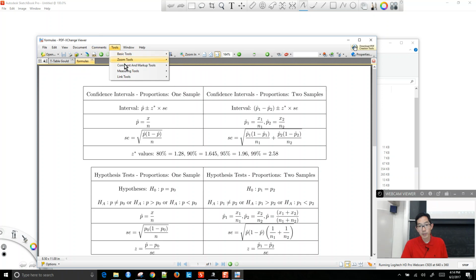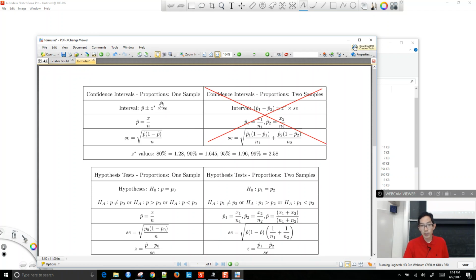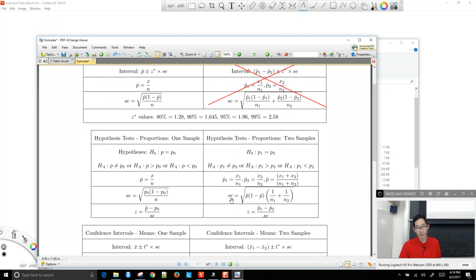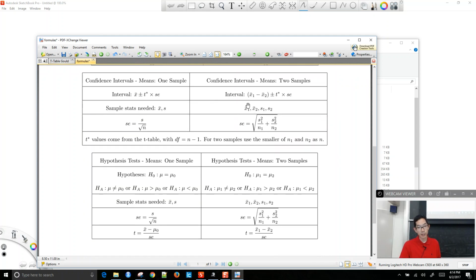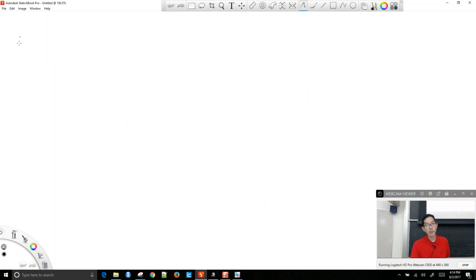You can X that out because we did not cover this, but the other stuff we did. We covered confidence intervals for proportions, 1 sample, hypothesis test for proportions, 1 sample, and hypothesis test for proportions, 2 samples. We'll cover all 4 of these for numeric data, but we didn't cover this one.